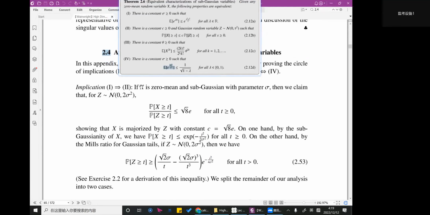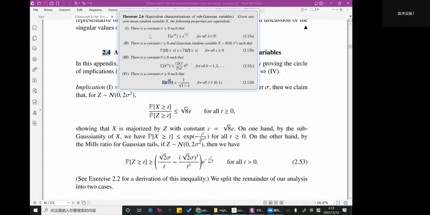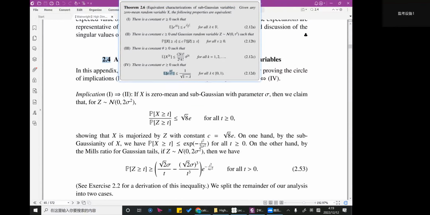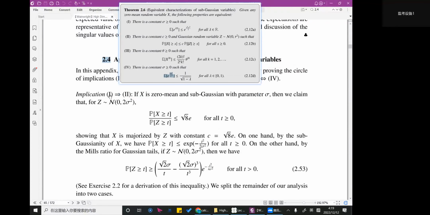The theorem says any zero mean random variable x, so the random variable x is zero mean. When implication 1 is satisfied, that x is sub-Gaussian with this parameter sigma, then we can claim this. So that's what we're going to prove.